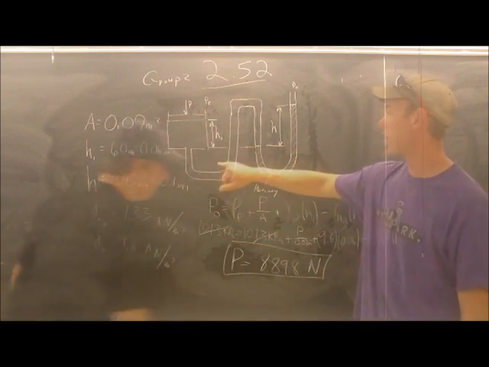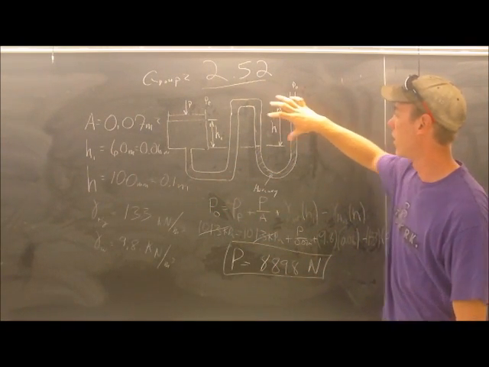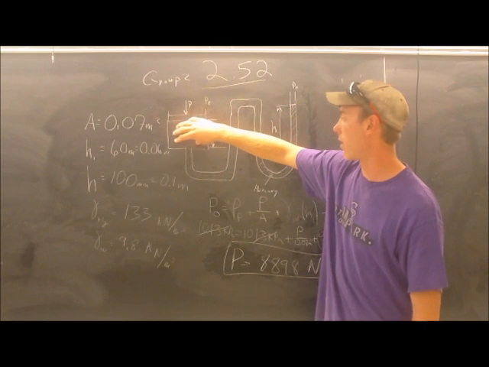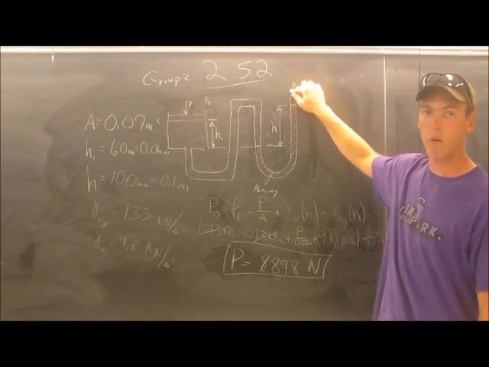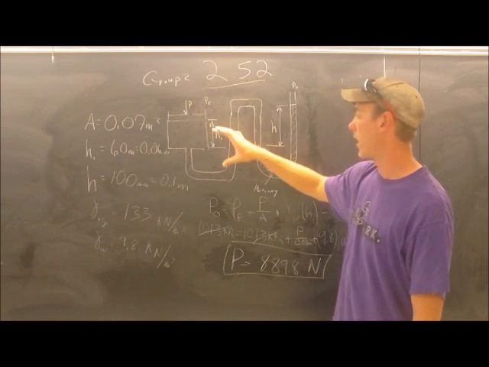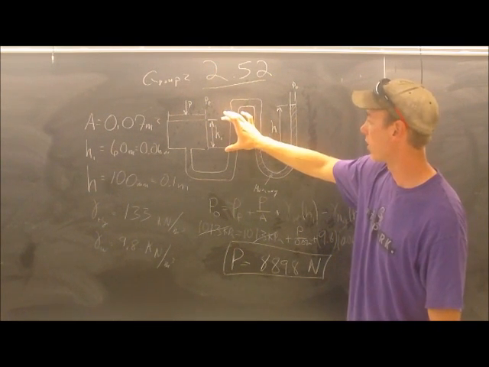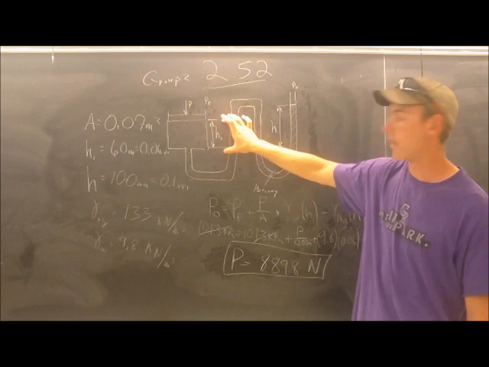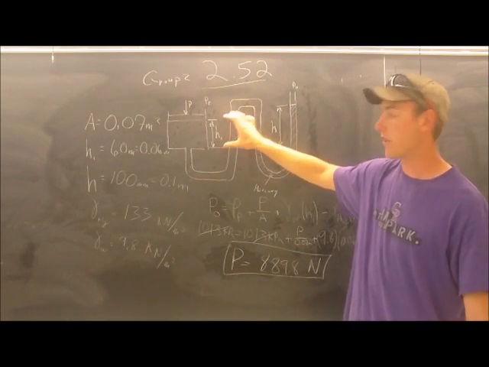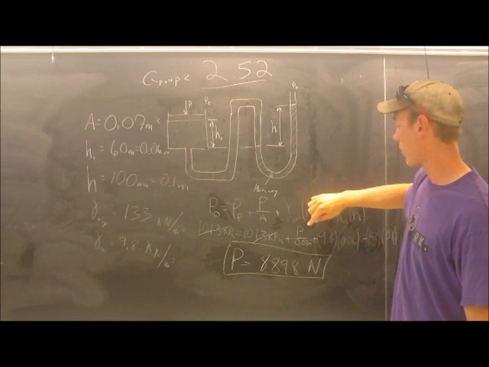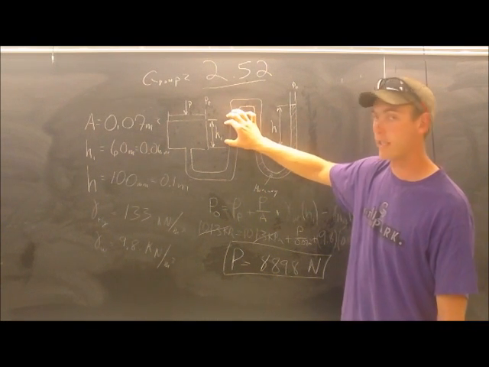So the gist of these problems is, if you're given a basin here and you have pressure going through the tubes, and at least one end is open, then if you change your elevation, delta Z, the pressure is going to change with respect to how much the delta Z changes.